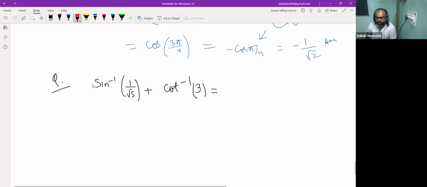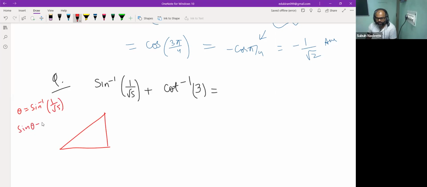So what we used to do, like sine inverse 1 by root 5, we generally take an angle theta which is sine inverse of 1 by root 5 and say that sine theta is 1 by root 5. So this is theta, this is 1, this is root 5, perpendicular and hypotenuse. Base will be root of h square minus p square, so it will be 2.